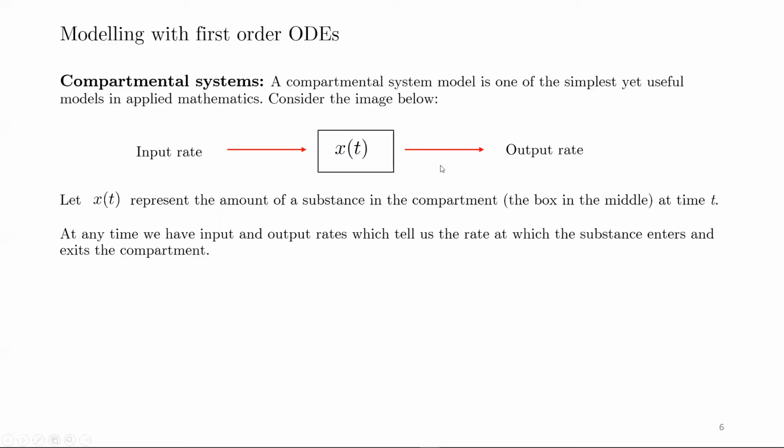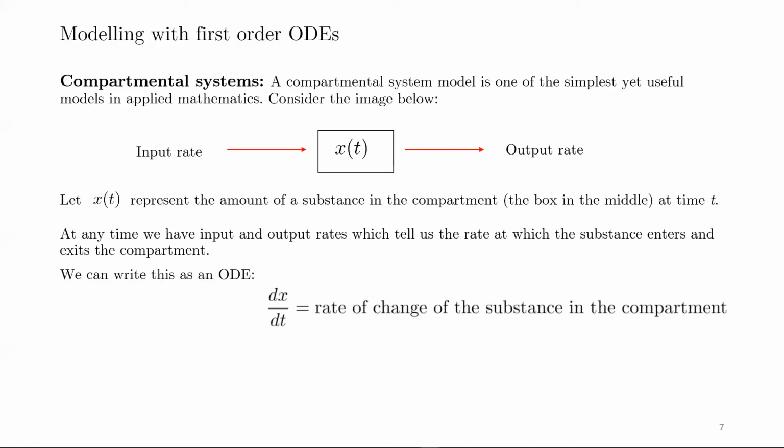Okay, so at any time we have input and output rates which tell us the rate at which the substance enters and exits the compartment. And we can write this as an ordinary differential equation. This is quite simple. The rate of change, dx by dt, as time evolves, how is the amount of the substance in the compartment changing?